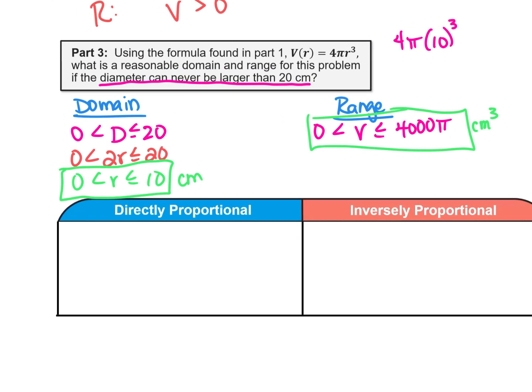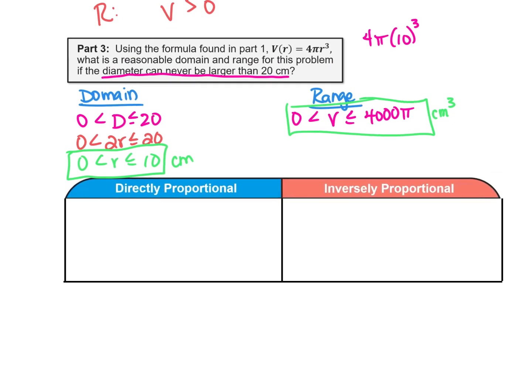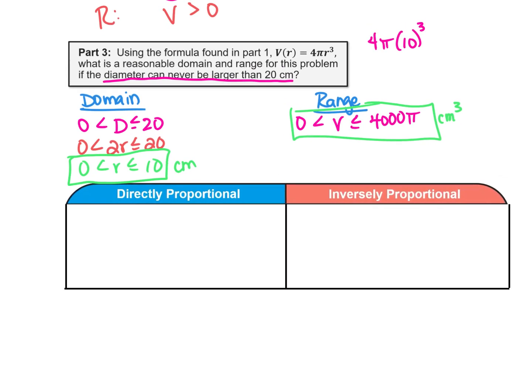So I want to talk as we move into a rational function. All right, that was a cubic function, but as we move into a rational function, I want to talk about something called things being directly proportional and things being inversely proportional and what that means. Okay, anything that's directly proportional is linear.